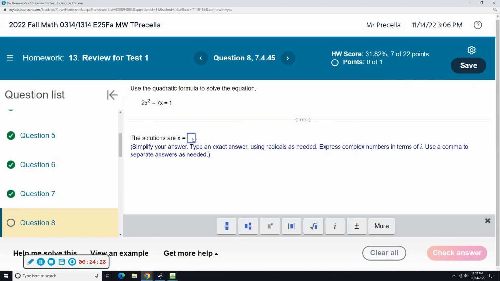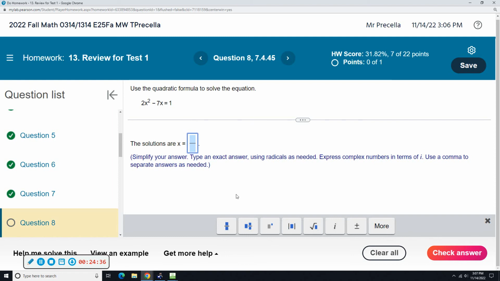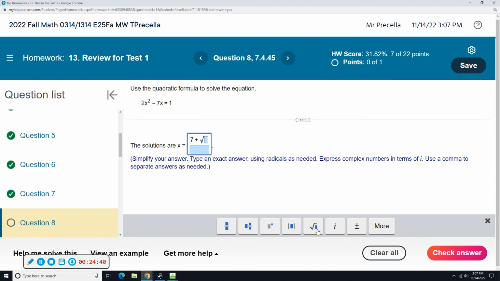So we come over here. What should I type first? The fraction bar. And on top I have a 7 plus the square root of 57, and on the bottom I have a 4. Oh, wait a minute, what am I doing?